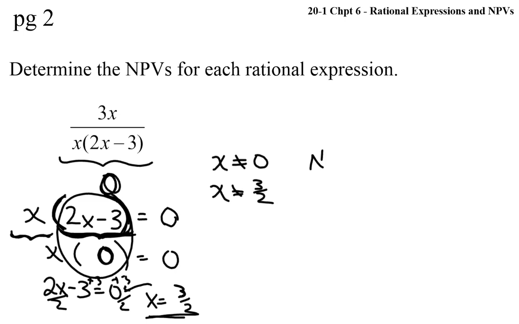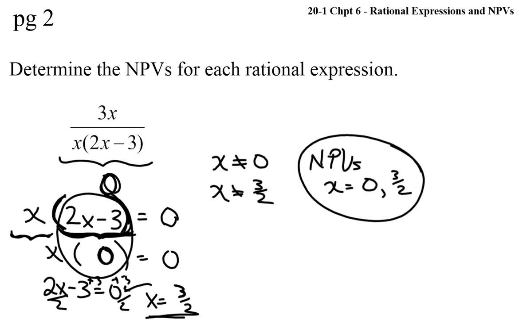The NPVs for this situation are if x equals 0 and 3 halves. Those are the things that aren't allowed because they would create that denominator of 0. We don't want denominators of 0. It's just not allowed.